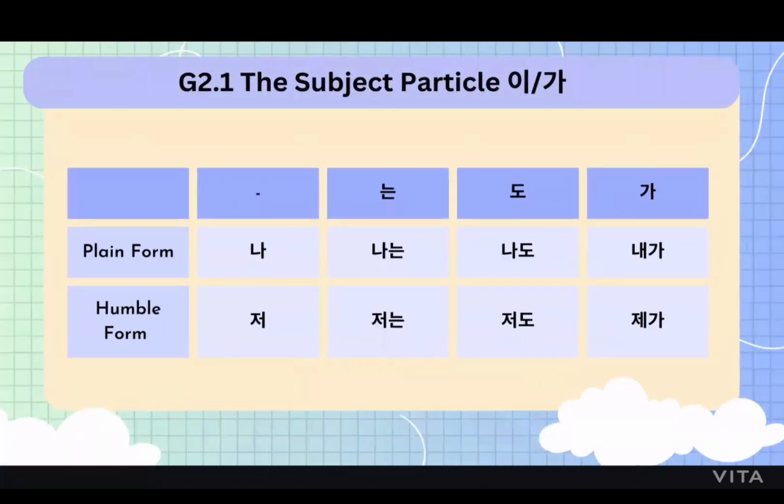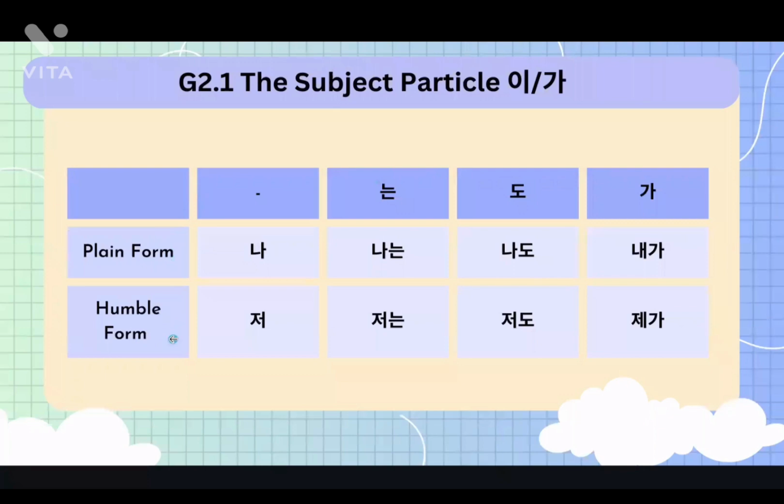자, here, note that the first person pronoun 나 or 저 becomes 내 or 제 when the subject particle 가 is attached. So look at this chart I prepared for you guys to understand more easily. So there's a plain form and a humble form.